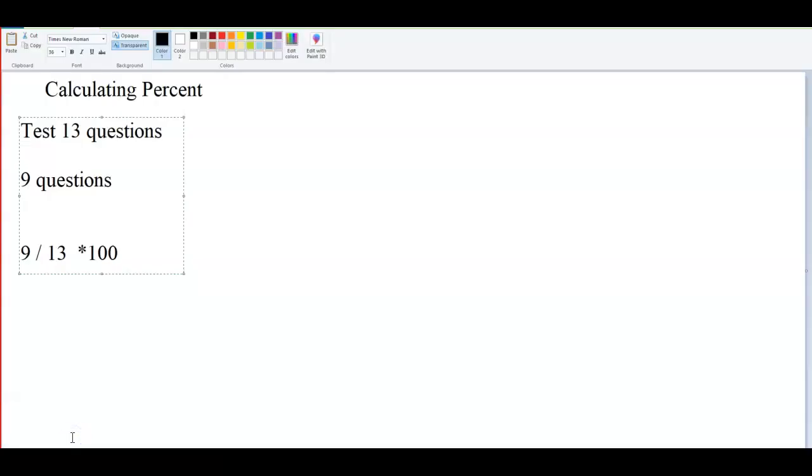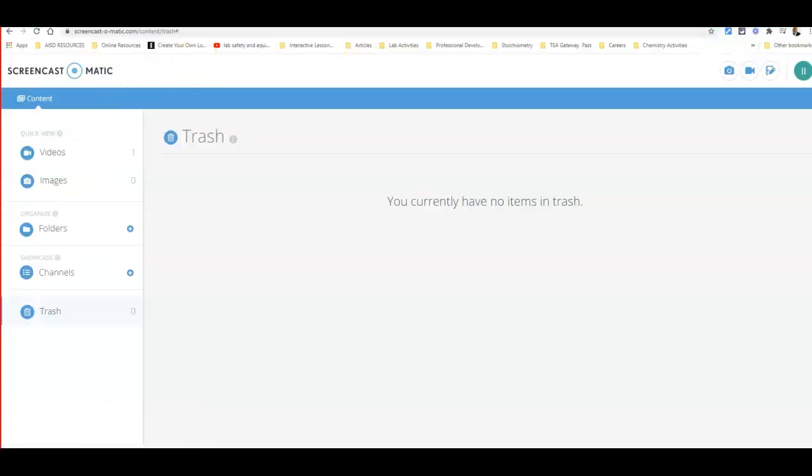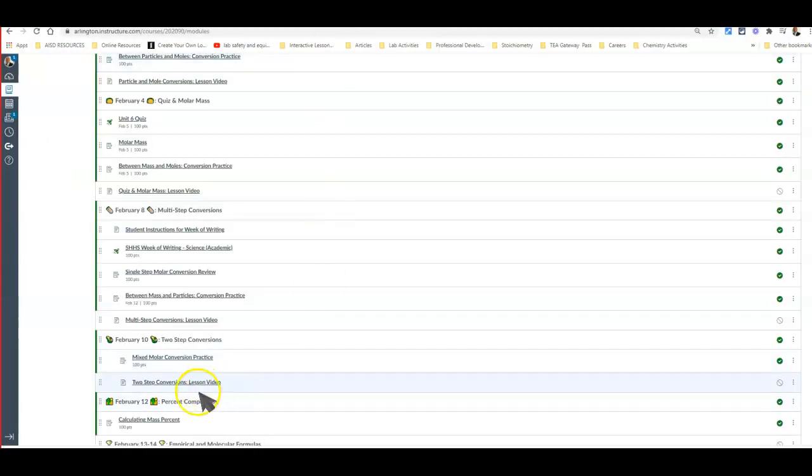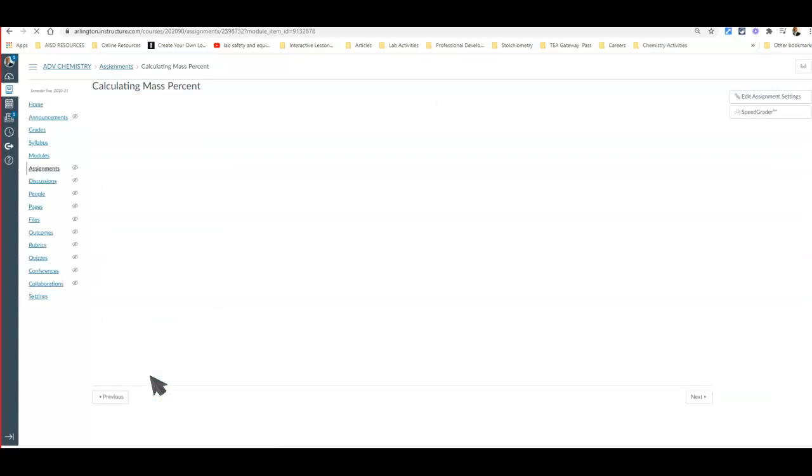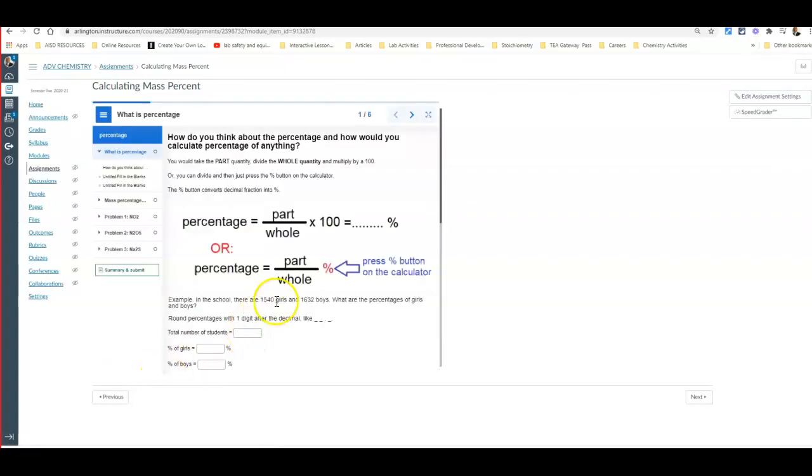Now, if I go to Canvas, based on what we have in Canvas, I'm going to click on this calculating mass percent. In this case, you're given some sets of questions, and also a formula. Now, don't be scared about this formula.